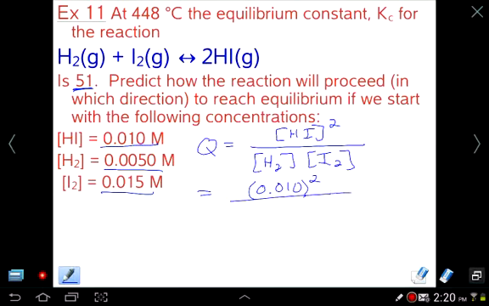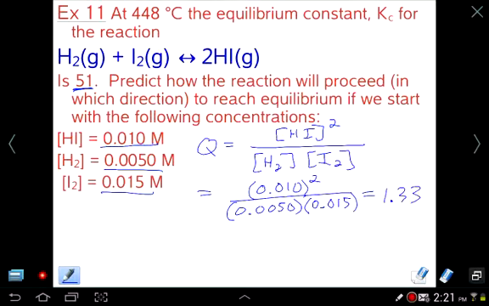H2 is 0.0050, multiplied by 0.015. Go ahead and plug these numbers into your calculator and see what you get. Hopefully you got a value like 1.33 for Q.